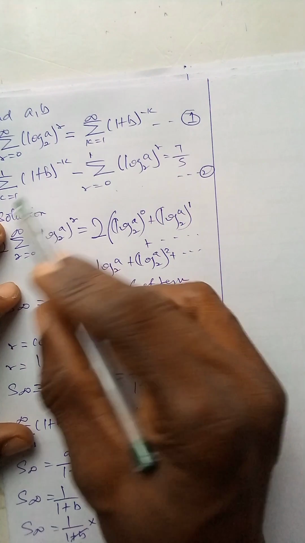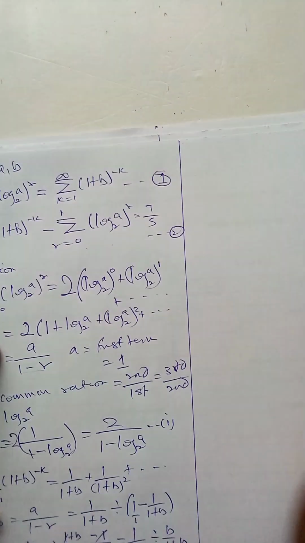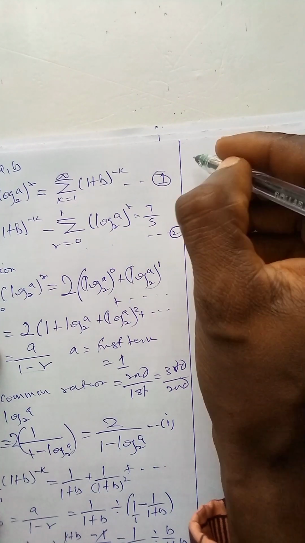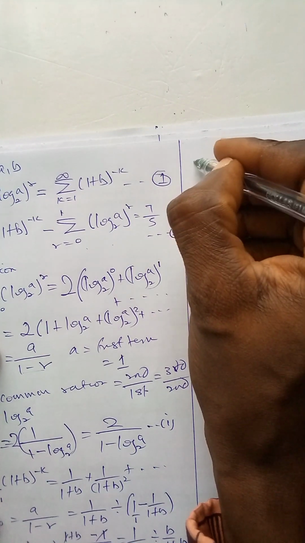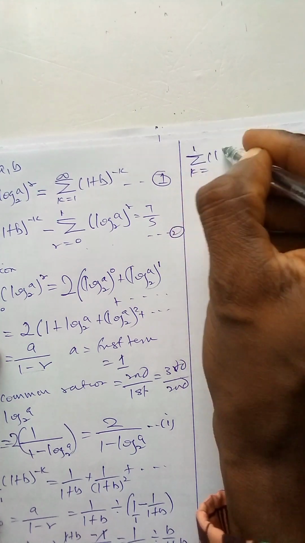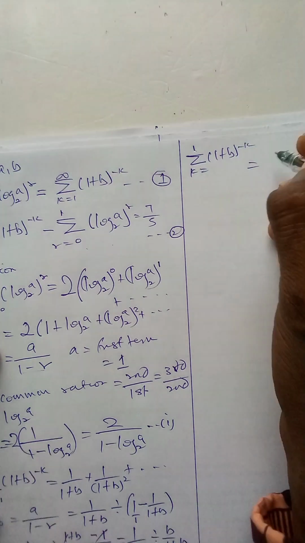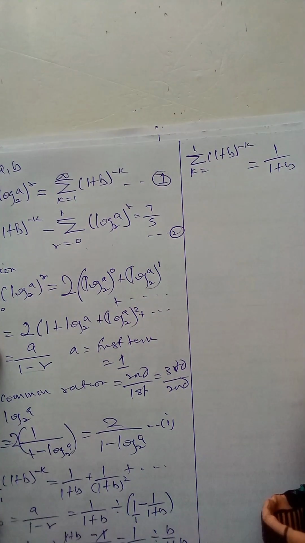Let us also simplify the second equation as we have done for equation 1. In the second equation, the first part on the left hand side is the summation from k equals 1 of (1 plus b) to the power of minus k. We only need one term of this, which is 1 over 1 plus b, the first term.